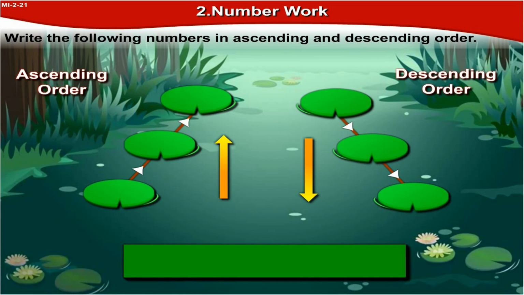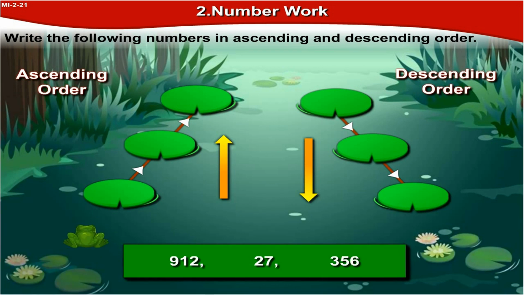Now let us see the next set of numbers. 912, 27, 356. Here the smallest number is 27, then we have 356 and the biggest number is 912.